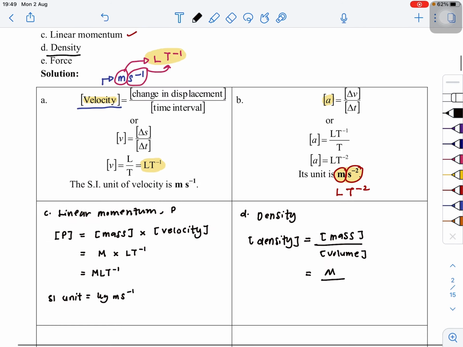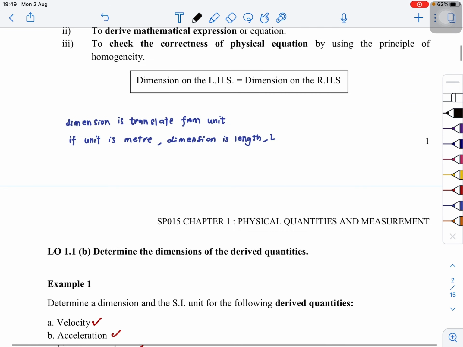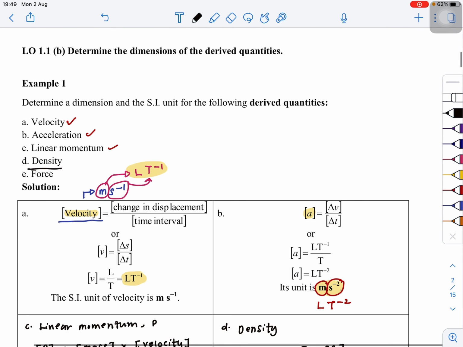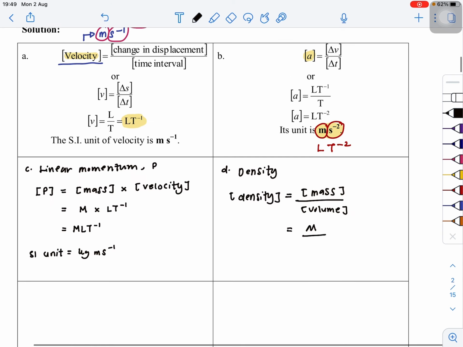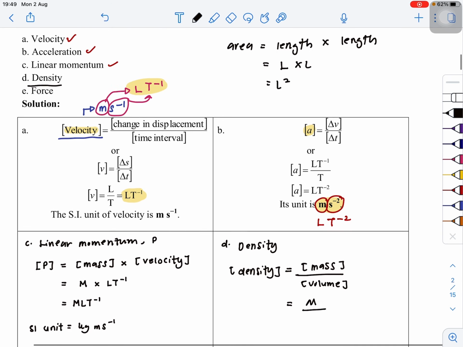Okay, dia benda yang sama. So if we have area kan, so area basically is length times with length, which means we have L times with L, which is L square. So dia benda yang sama. Volume ni adalah isi padu kan.